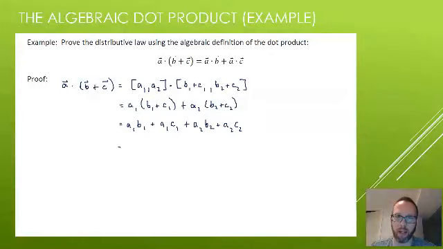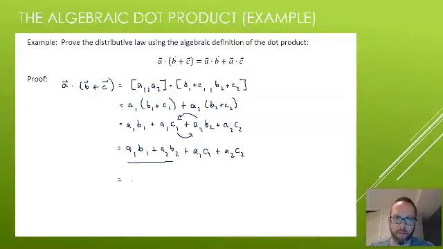I could rearrange the order of addition. I could keep A1 B1 here, but flip-flop these two middle terms: plus A2 B2 plus A1 C1 plus A2 C2. And that is the very definition of A dot B that we showed today.